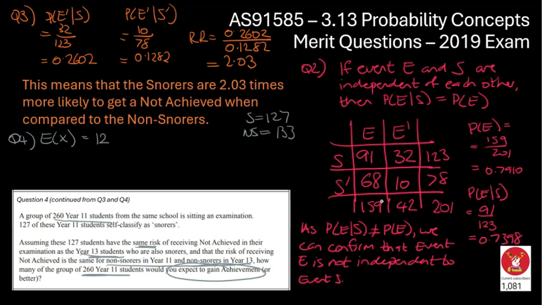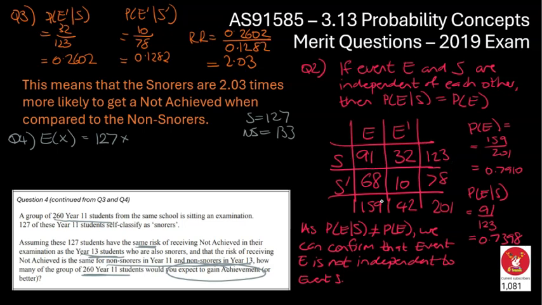So I've got 127 snorers, and I need to multiply that by the probability of a snorer getting achieved or better. So we got snorers, which is this group of the table here. And the probability of the snorers getting achieved or better is this 91 out of the 123.